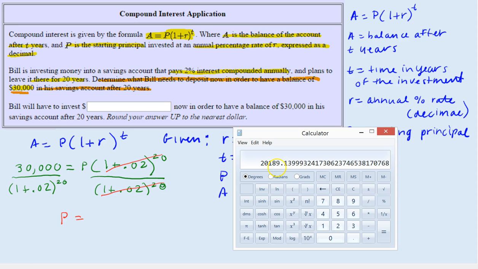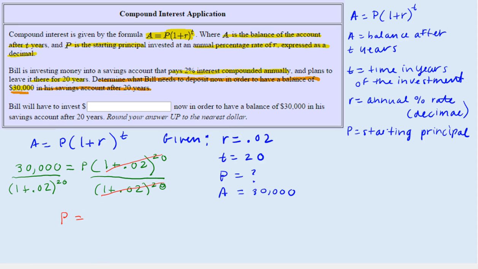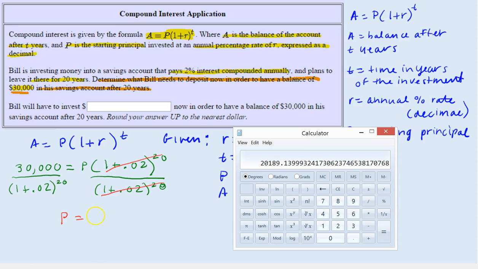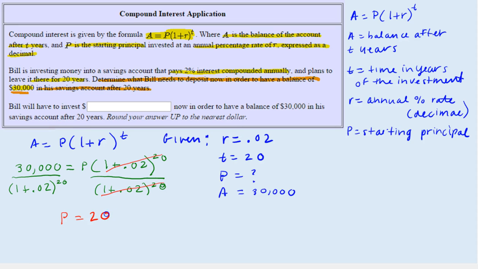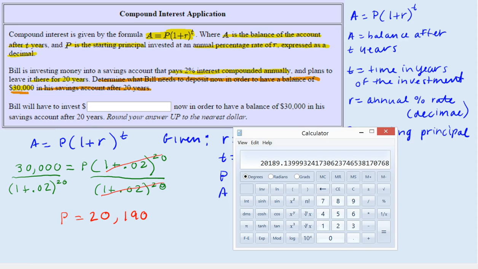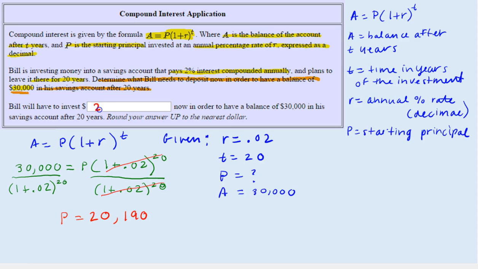So we're going to round this up to 20,190. Again, it said to always round your answer up. So this would be about 14 cents, but we rounded up to 190, adding $1 onto this. So our answer is $20,190.